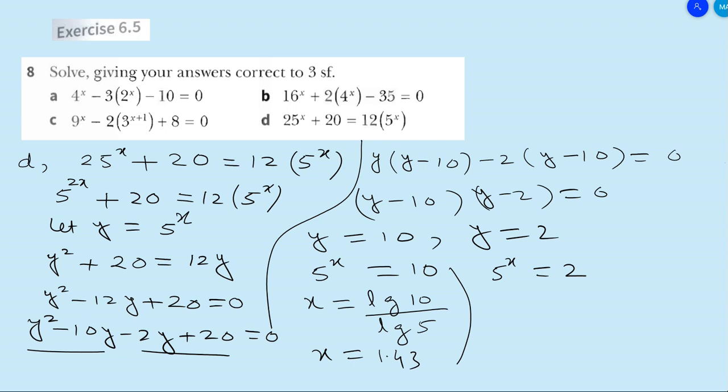Taking log on both sides, the answer is 0.431.